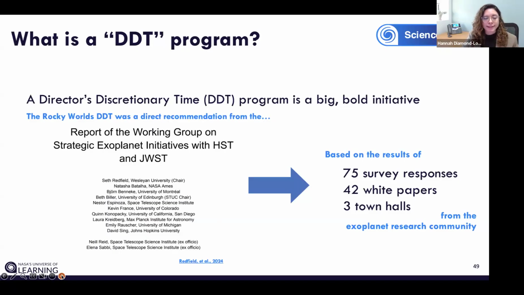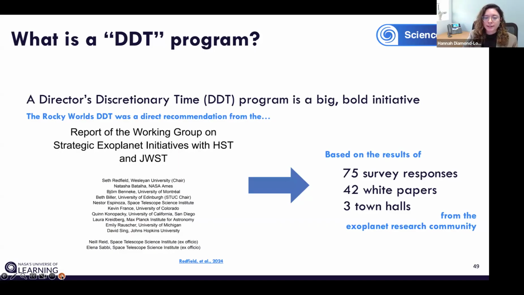But this is not decided in a vacuum, and it's not really decided by one person. Ultimately, the Rocky Worlds DDT that I'm going to talk to you about was a recommendation from a working group that was convened to come up with strategic initiatives for exoplanets with HST and JWST. There is a public report you can read, very well written, but this working group also solicited information from the outside.